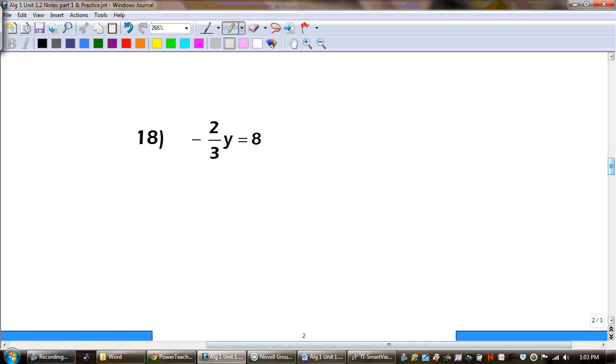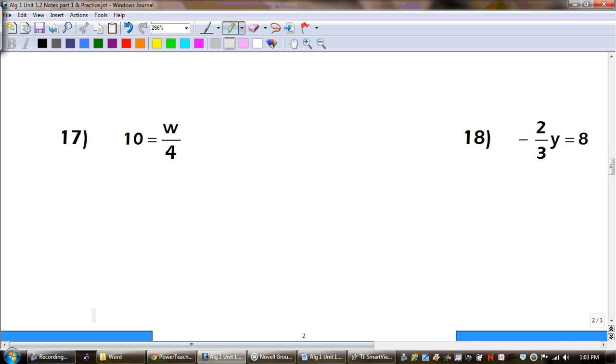All right, number 17. Find your variable. What operation is going on? Right now it's being divided by 4. The inverse of dividing by 4 is multiply by 4.